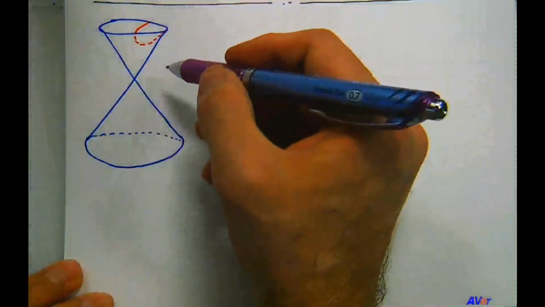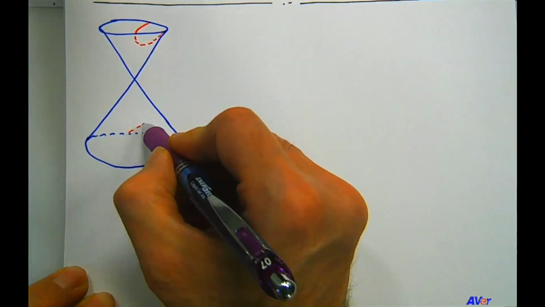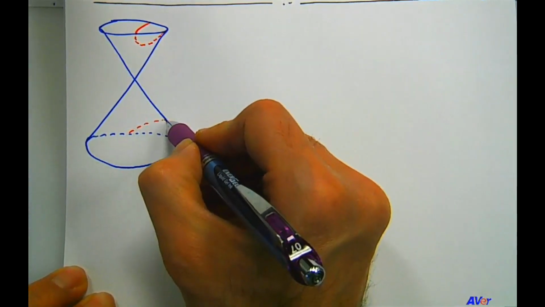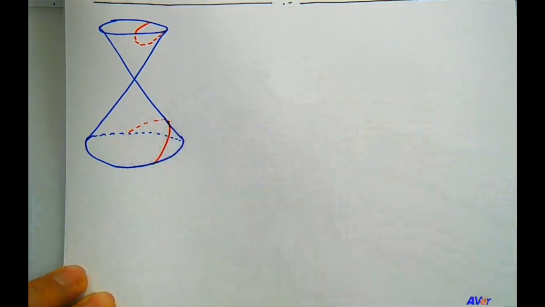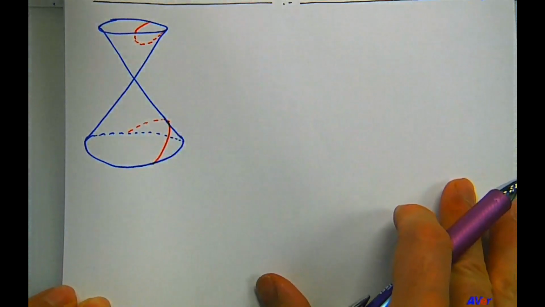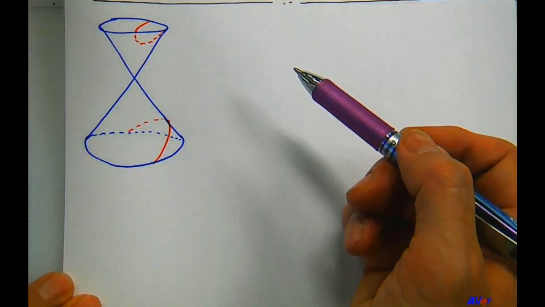It's got two pieces, and that's one piece. The other piece would be the cross section here, and then coming back like that. So these two pieces together form the hyperbola figure, or the conic section for the hyperbola.